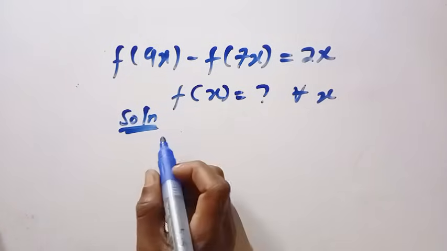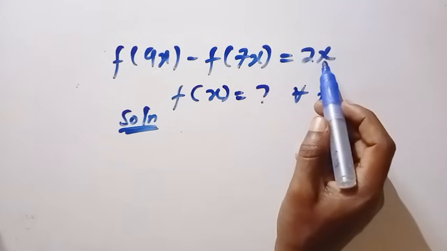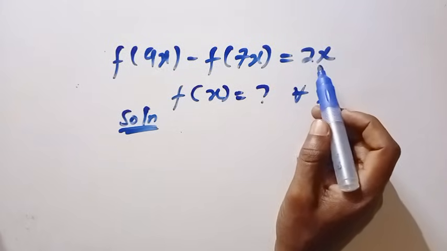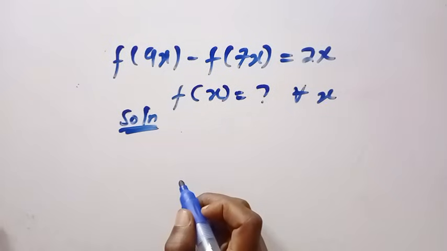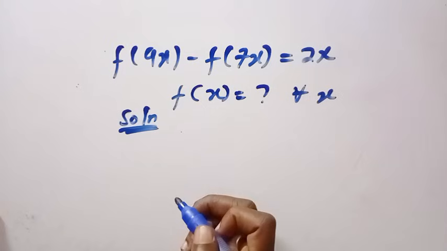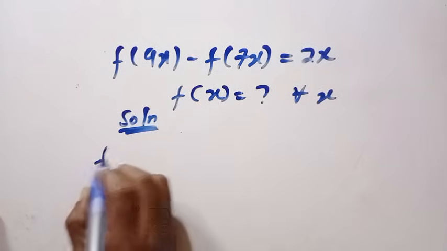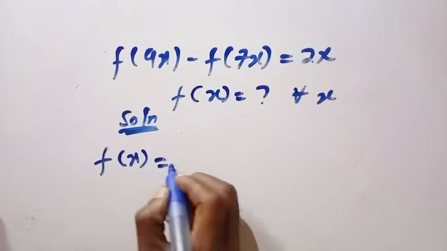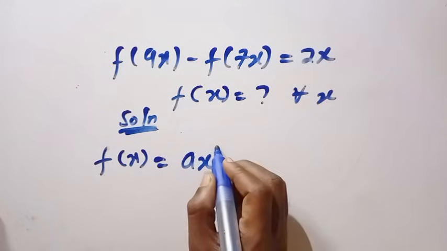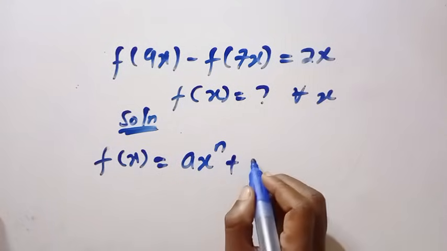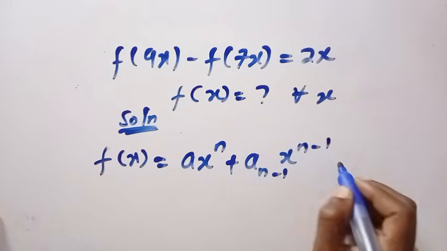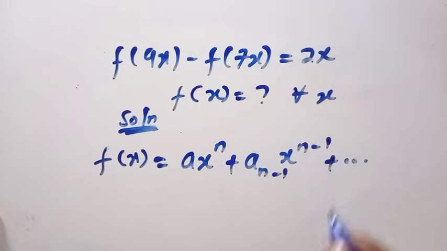Looking at this side, it is a linear polynomial function. Suppose I try a polynomial solution by assuming that f of x equals a polynomial like a x raised to power n plus a n minus 1 x raised to power of n minus 1, and it continues like this.